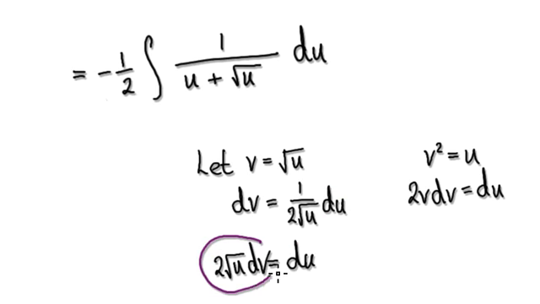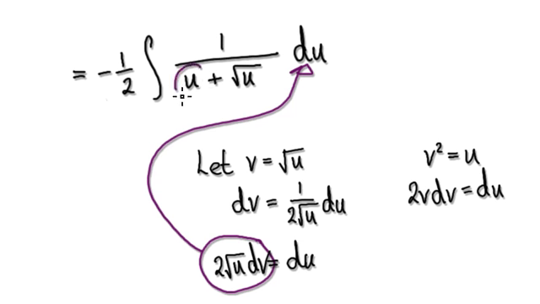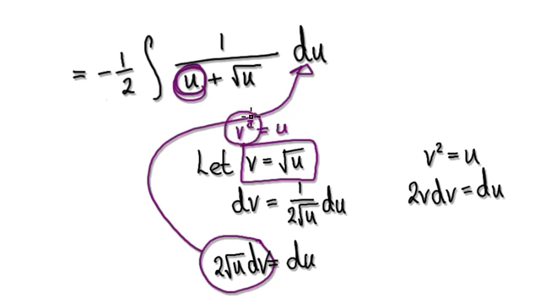So we could put this into here, and then we've got to ask ourselves, what's u? Well, we would look back to this. If v equals the square root of u, then u must be v squared. So we can put v squared into here, and then what's this thing here? Well, this thing here is actually v, so we can put it into here.